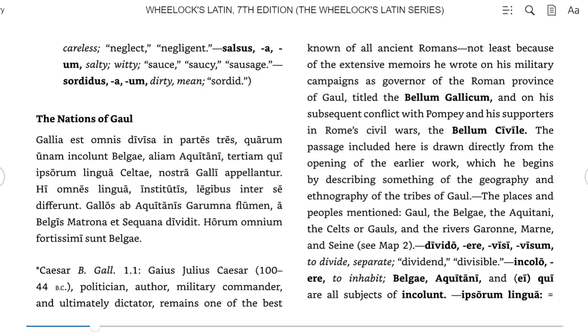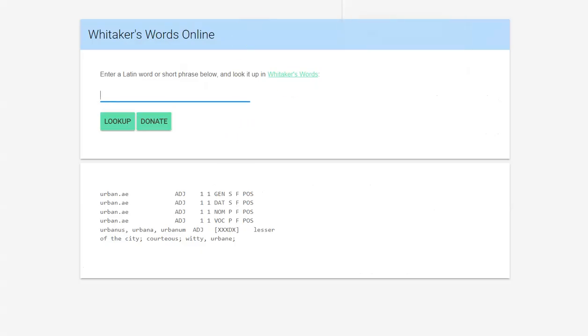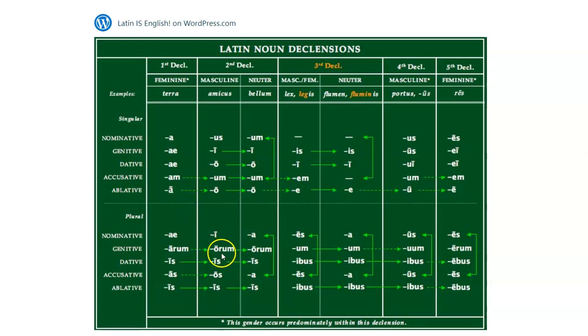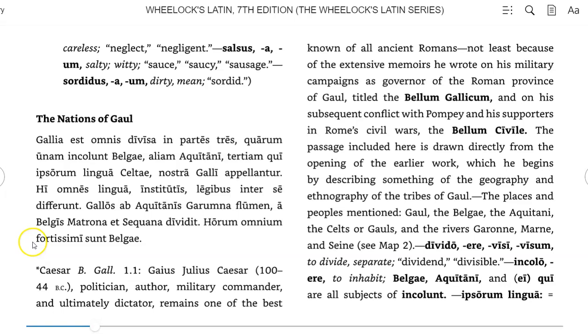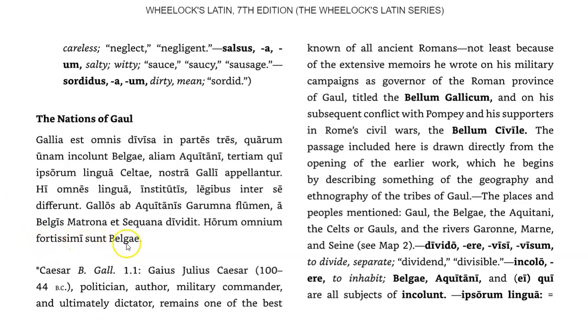So if we look at our charts here, there's our orum, and then there's our ending for the omnium. Here we have an interesting ending because Belgae is AE, but the adjective requires second declension. So fortissimi are the Belgae. So of all of these, the Belgae are the bravest.